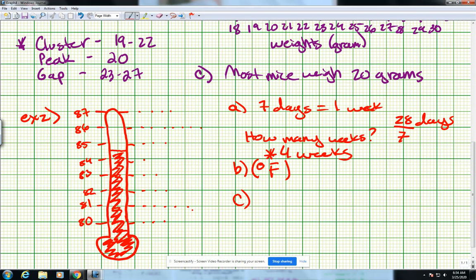But one way we could write a question with lots of different answers would be something like, what is the daily temperature in August? And then you could see there's lots of different answers for that. So we could say, what is the daily temperature in August? Okay, so that's our statistical question.